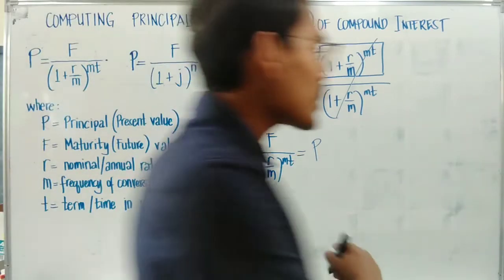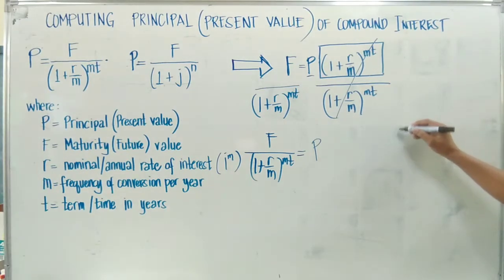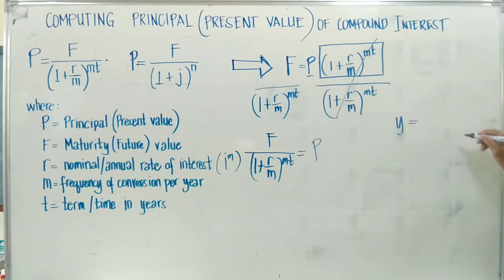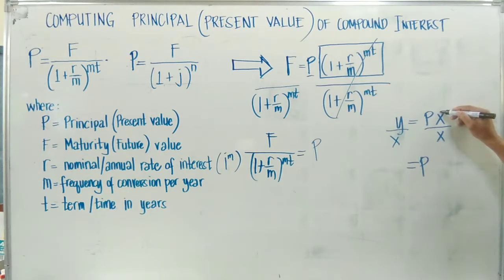Okay, so if you cannot get that, it's just like Y equals PX. To isolate P on the other side, let's divide both sides by X. So X divided by X is 1.